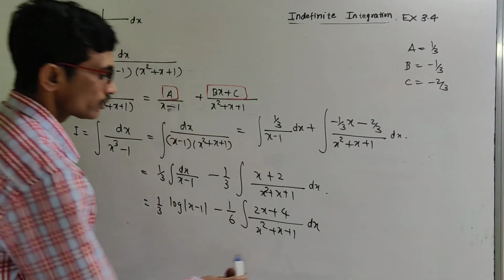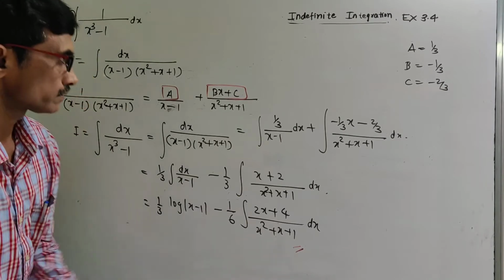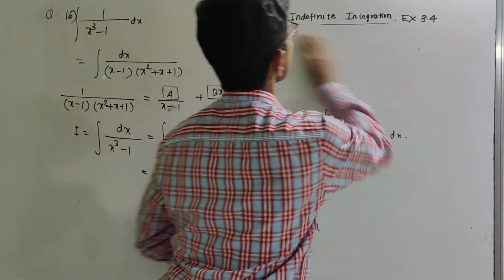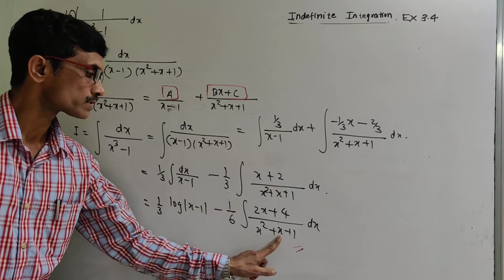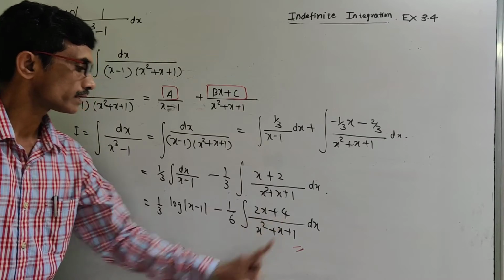Now we need to evaluate this integral. So how do we evaluate it? First of all we separate. Here the derivative of x square plus x plus 1 is 2x plus 1, so here we write 2x plus 1.